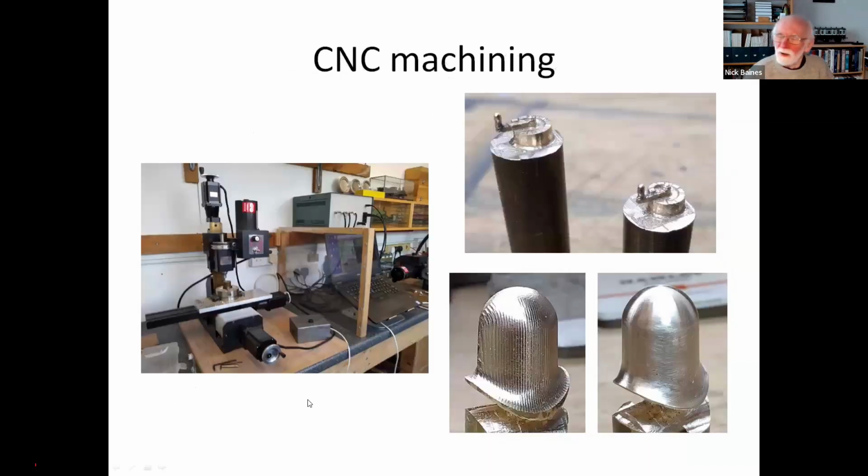And I put this slide on because I'm pleased with myself that I've got a CNC milling machine that you can see on the left there, which I partly built myself. I can tell you the history behind it if you like, but suffice to say that it's up and running.